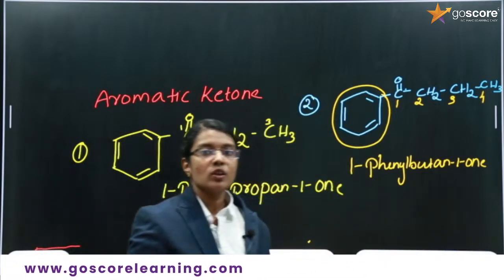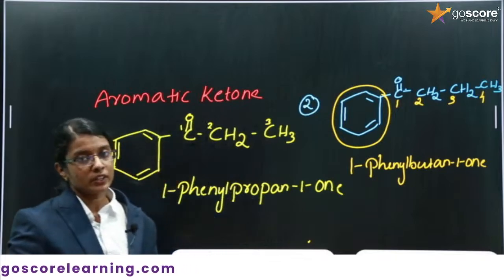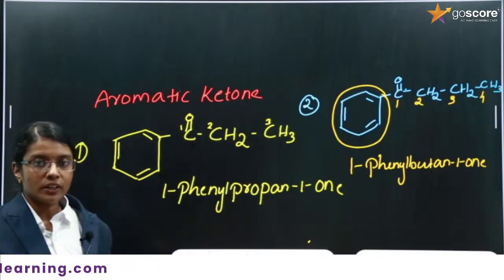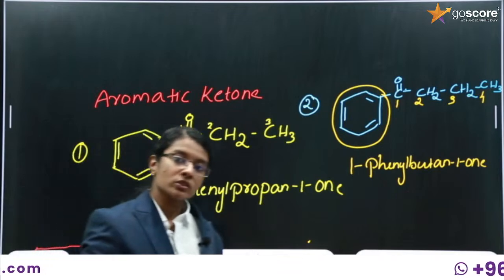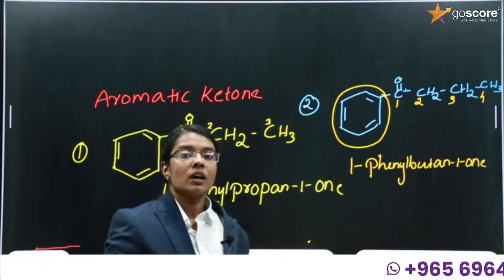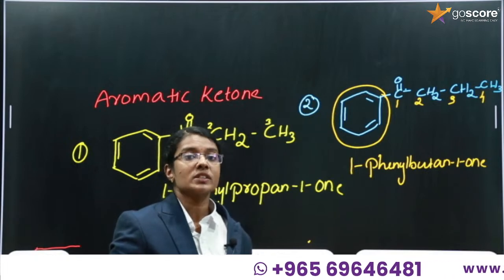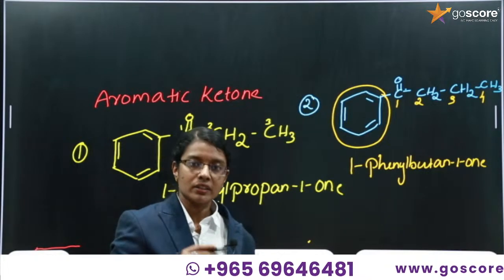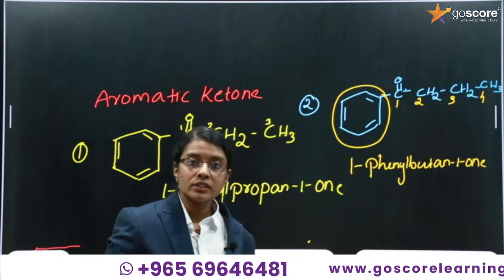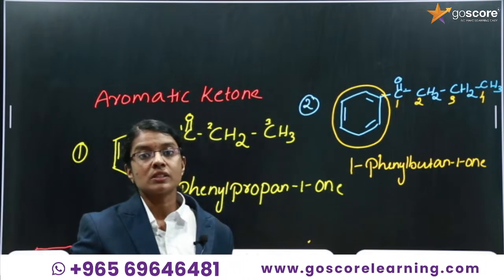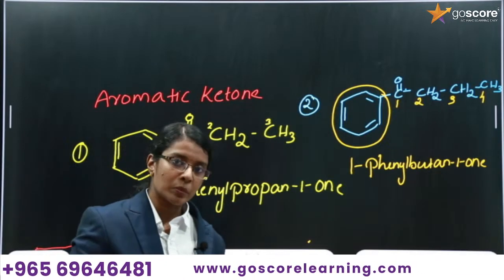So we studied the nomenclature of aldehyde and ketone. Aldehydes can be classified into 3: simple aldehyde, alicyclic aldehyde, and aromatic aldehyde. If it is a simple aldehyde, we call it alkanal. If it is an alicyclic aldehyde, we call it cycloalkane carbaldehyde.